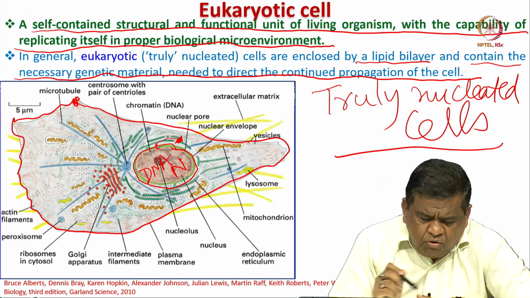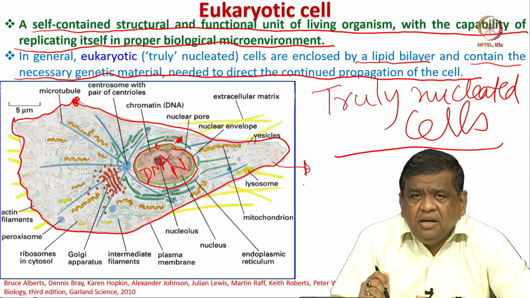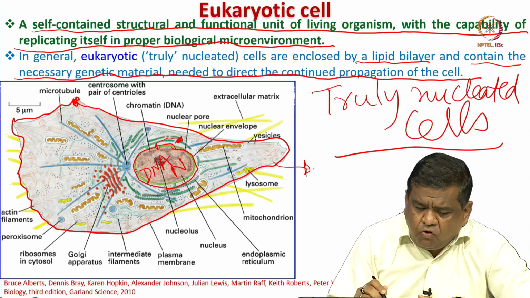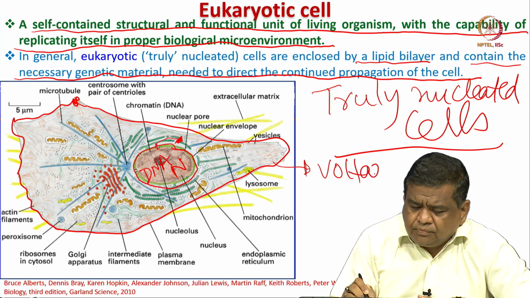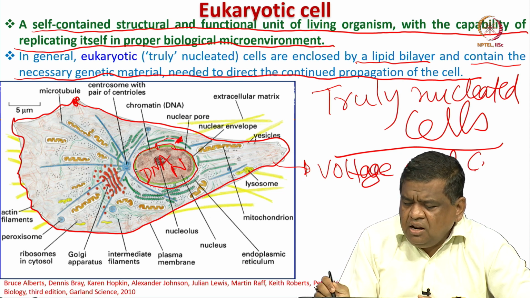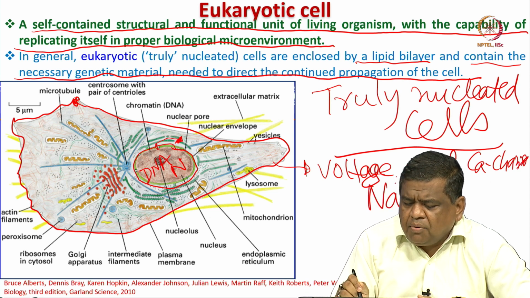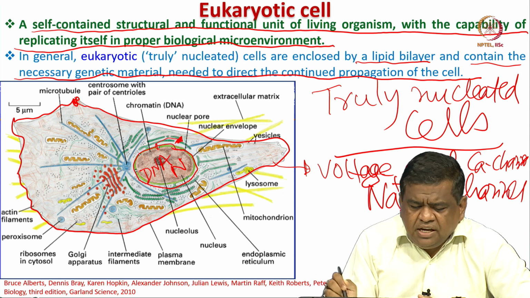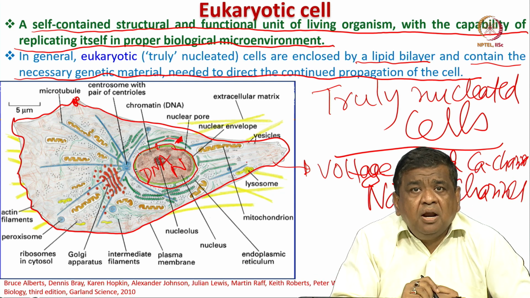if you look at this particular cell membrane, it also has voltage gated calcium channels and also sodium potassium channels. That means these cell membranes have some transmembrane proteins.